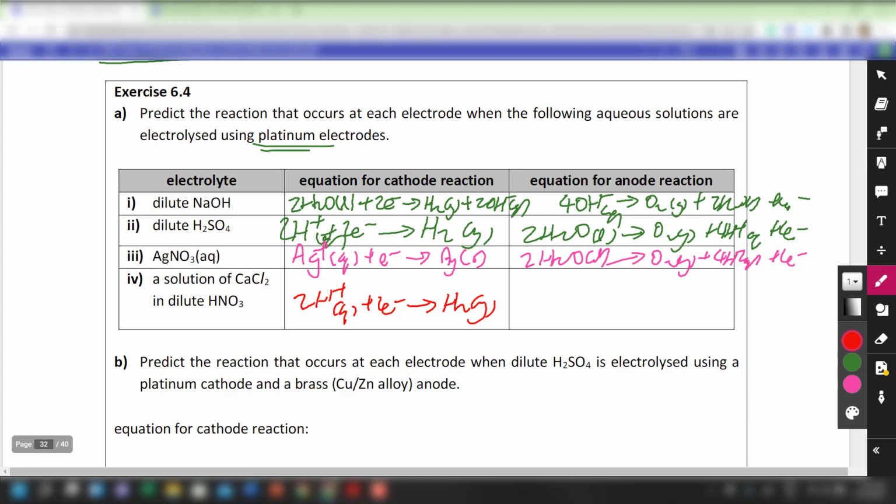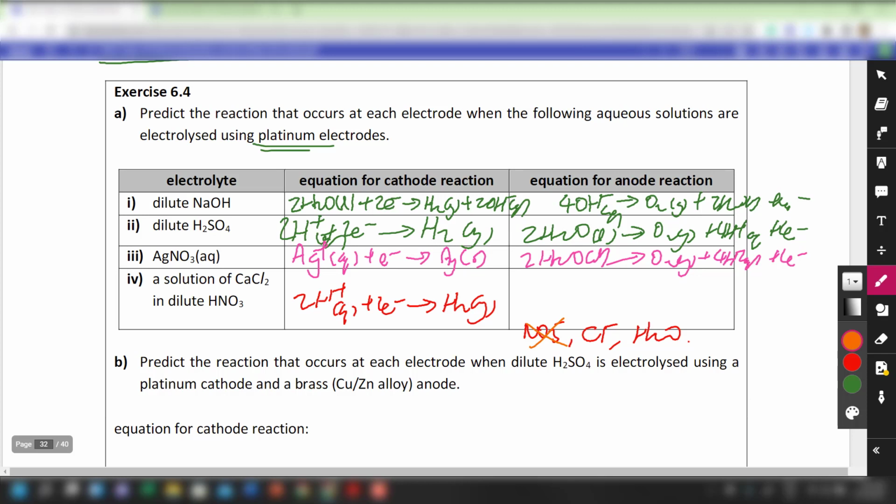Then at the anode, again, the anode could be a little bit more challenging because here we have nitrates, we have chlorides, and then we have H2O as well. Earlier on we have already briefly mentioned nitrate is not likely to take place because the nitrogen in nitrate is already in its highest possible oxidation state.